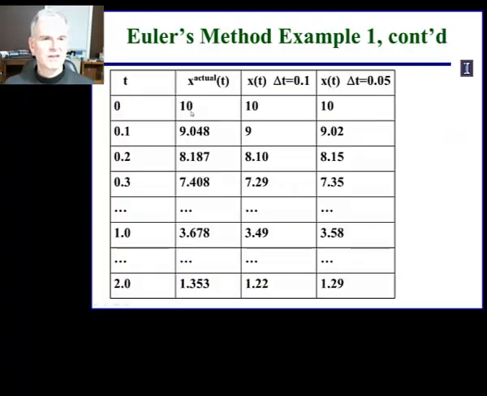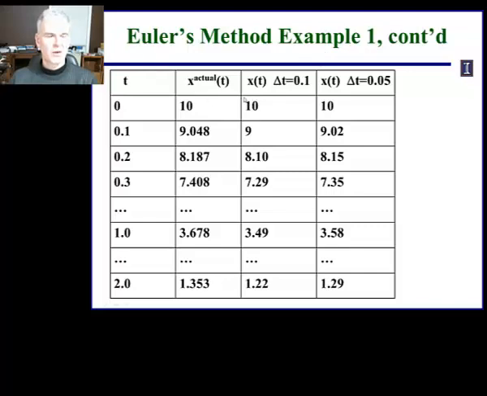Okay, so over here on the first column we represent time. Second column here we give the actual value which we get from the analytic solution. Here we give the value of x that we would get if we used Euler's method with delta t equal to 0.1 second.